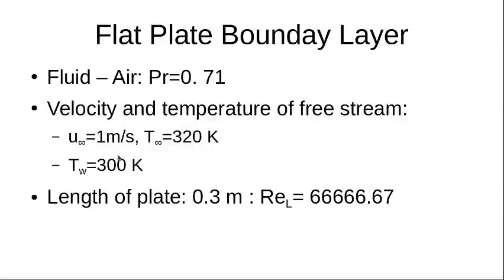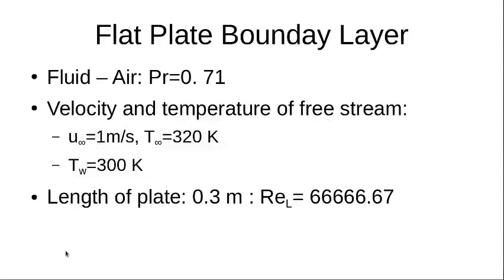So now with this and the plate length of 0.3 meters, the Reynolds number at the end of the plate comes to about 66,666, which is substantially in the laminar region. For flat plates, the flow becomes turbulent at Reynolds number, which is 10 to the power of 5 into 10 to the power of 5, and therefore we can comfortably work with this as a laminar flow.